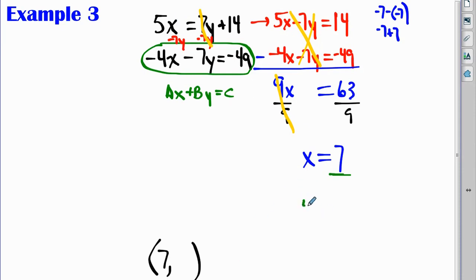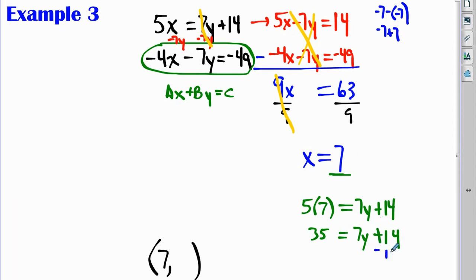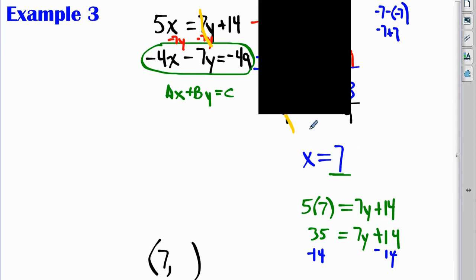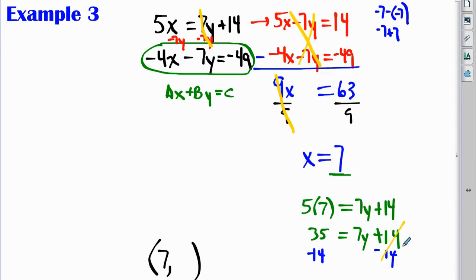So 5 times 7 is equal to 7y plus 14. So that's 35 equals 7y plus 14. Solving for y, we would subtract 14 from both sides. That cancels on the right side there.